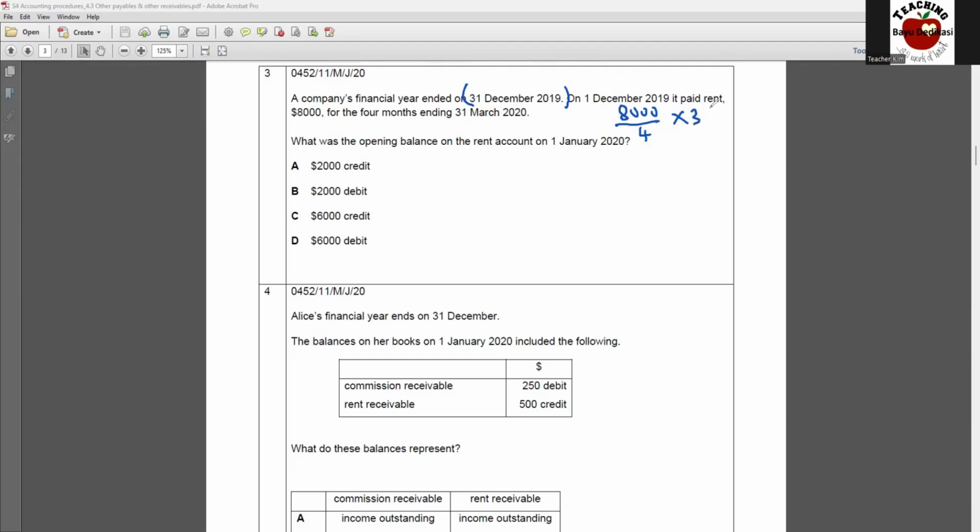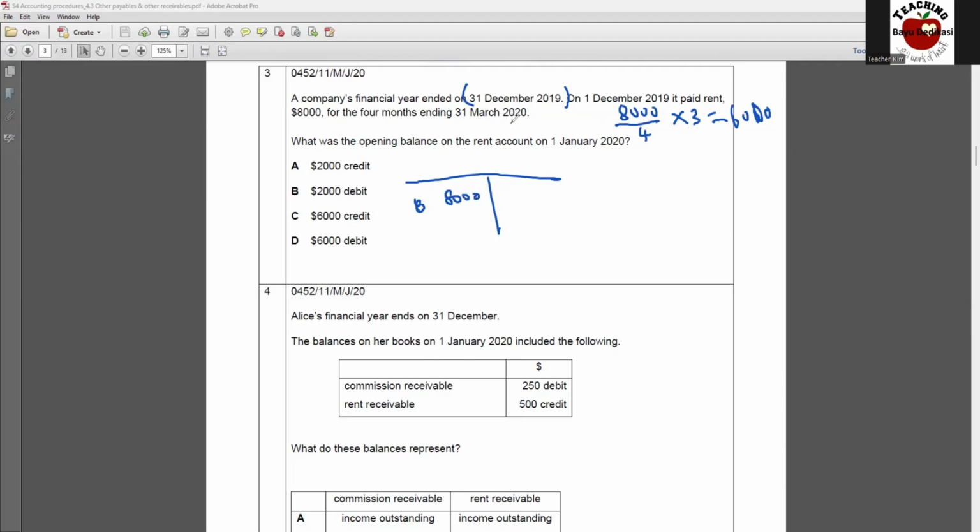So we times 3, so we get 6,000. Okay. Now next, what was the opening balance? So now we take the simple T account, rent account. Here, amount paid by bank, which is 8,000.